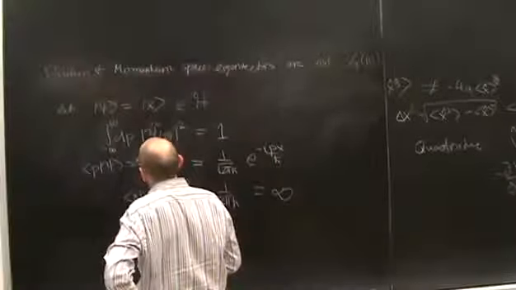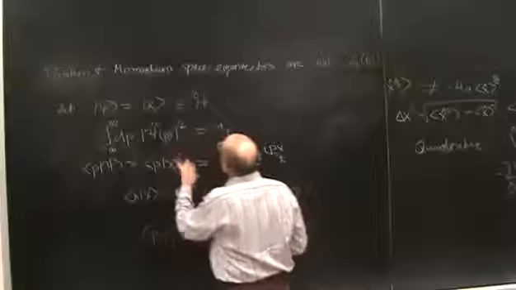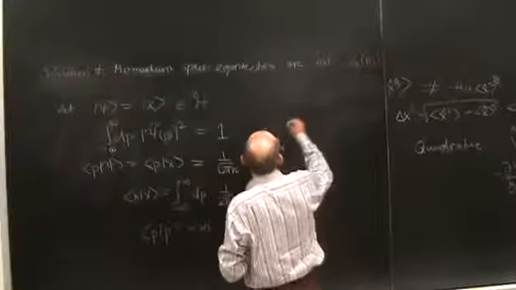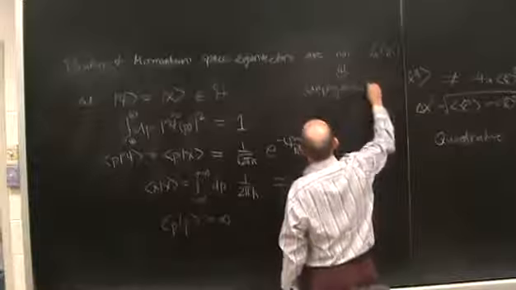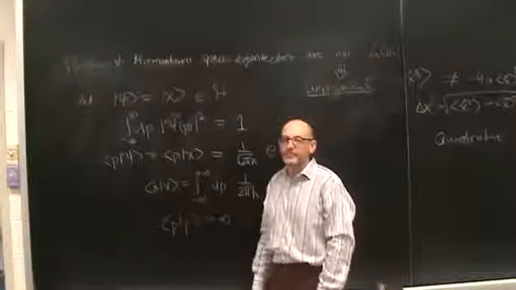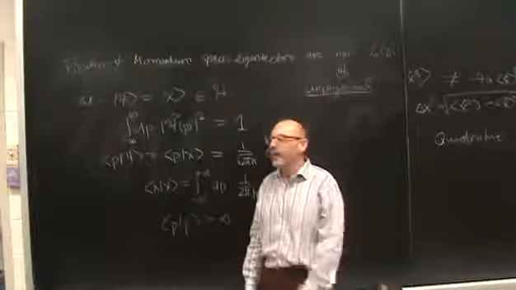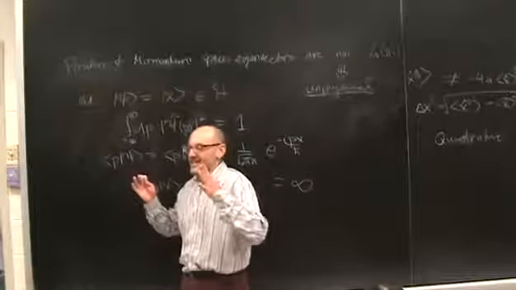But the kets don't. The last thing I would say about this is that position and momentum eigenvectors are unphysical. There is no preparation that can prepare the system in an eigenstate of position or an eigenstate of momentum. Why? Because that would take an infinite amount of energy.